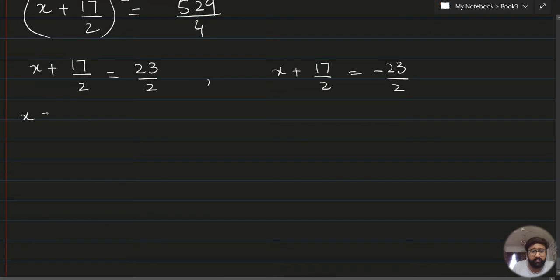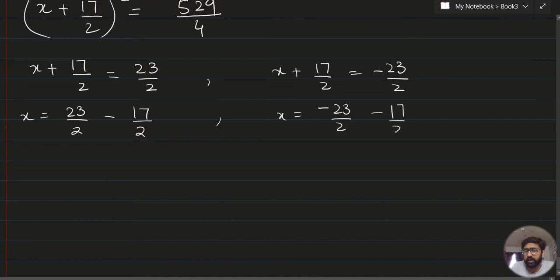So the value of x is going to be 23 by 2 minus 17 by 2, and the value minus 23 by 2 minus 17 by 2, collecting the like terms. So if we simplify these two, we are going to get 3, and if we add 23 and 17, it is going to give us minus 20.